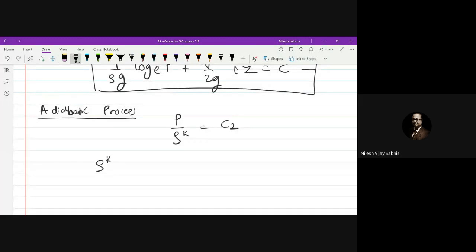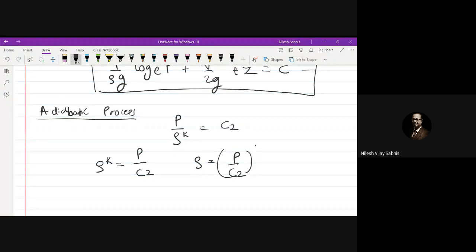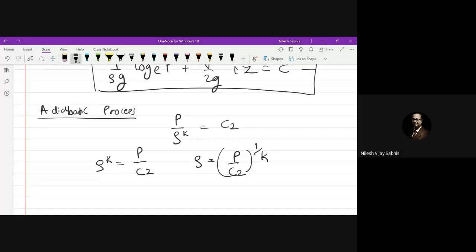Rho raised to K is equal to what? Rho raised to K is equal to P by C2. So rho is equal to P by C2 raised to 1 by K.